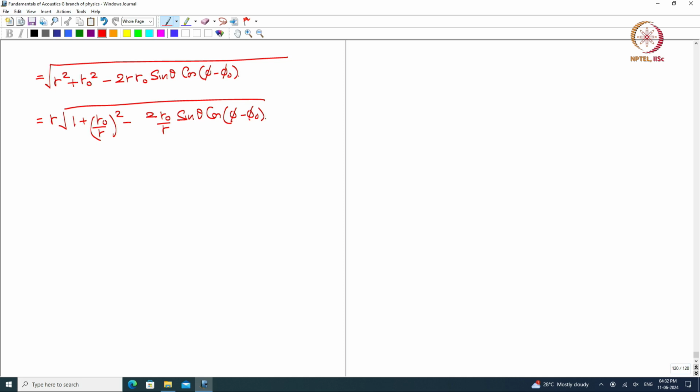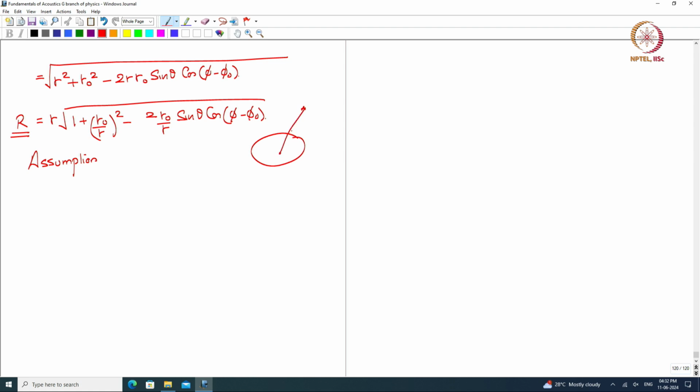Okay. Here now we make an assumption. Mind you, this is still r we are looking at, the distance from the radiator to a receiver.